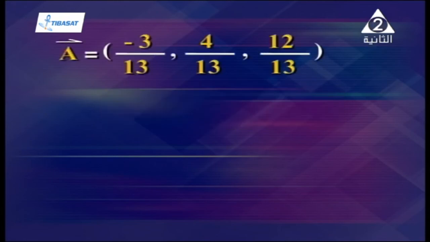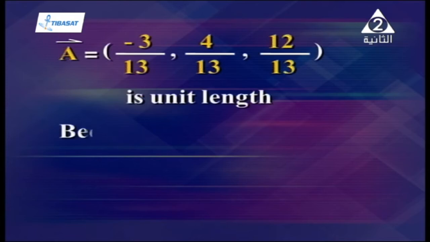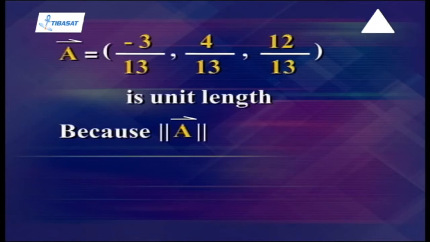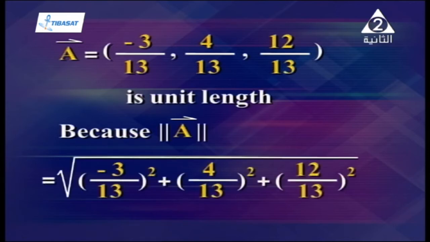Example: if we have vector A (negative 3 over 13, 4 over 13, 12 over 13), it is of unit length because the norm of A is the square root of (negative 3 over 13) to the power 2 plus (4 over 13) to the power 2 plus (12 over 13) to the power 2, which equals 1. Look, the norm of A must equal unit length.